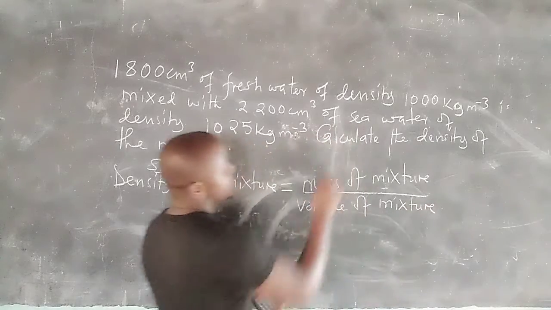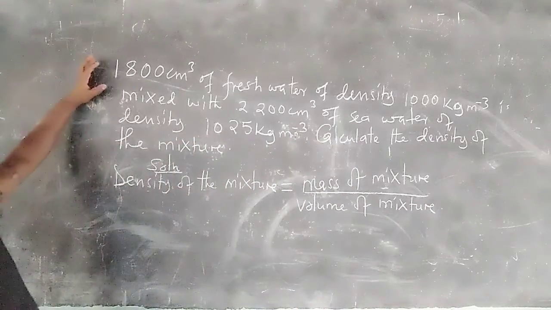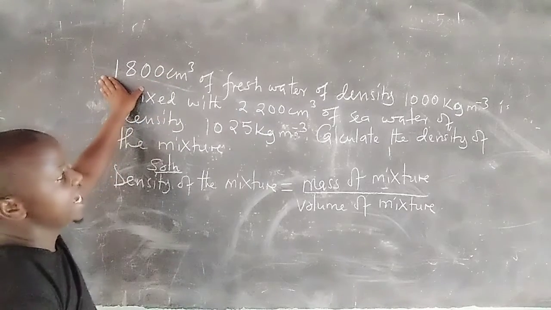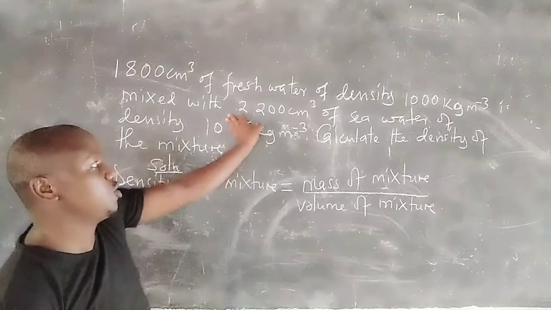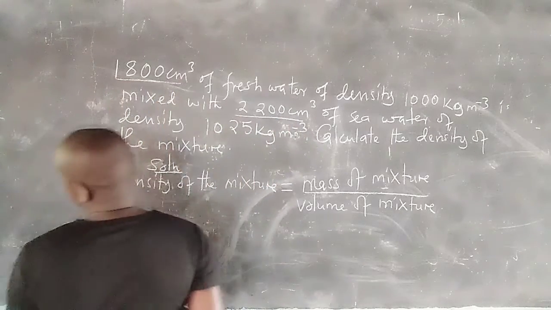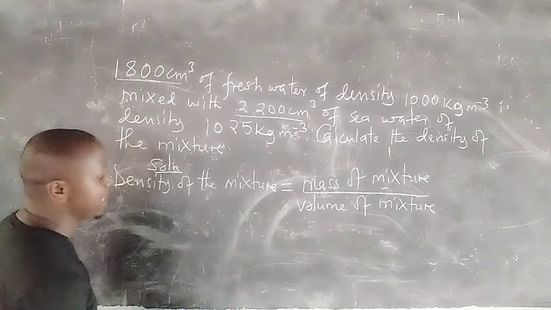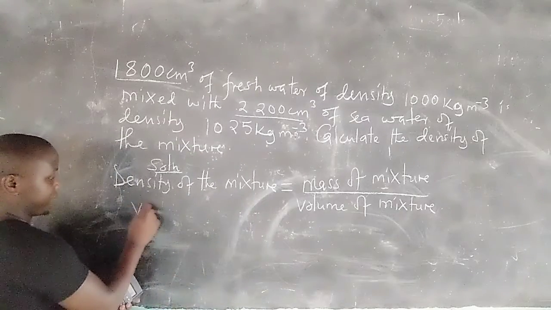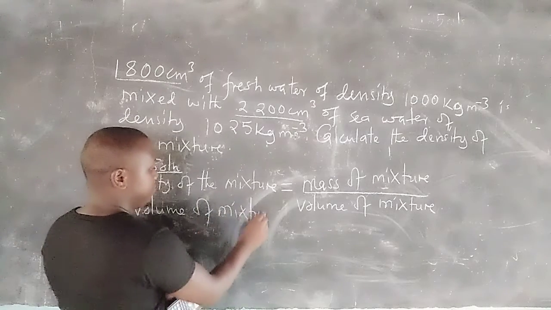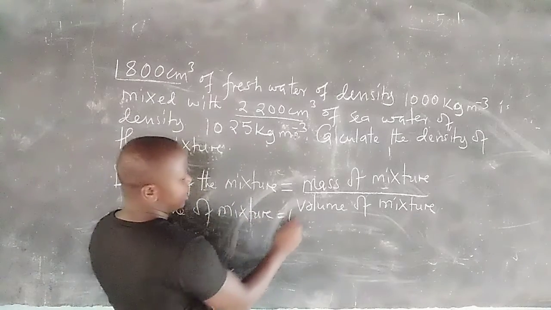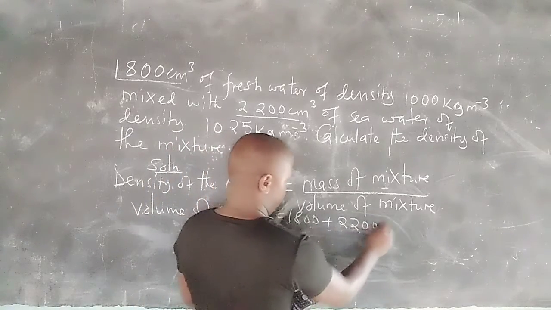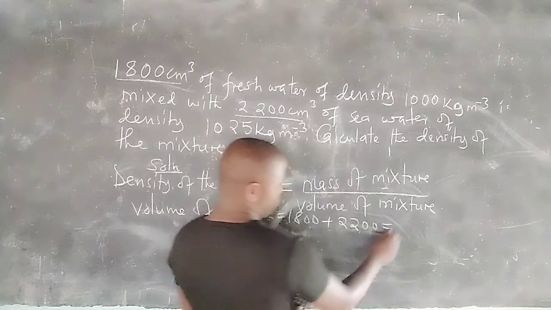From these instructions, what can be obtained directly is the volume of the mixture, because fresh water is having 1800 cubic centimeters and seawater is having 2200 cubic centimeters, which means volume of the mixture can be obtained by directly adding the volumes of the individual elements making up the mixture. That will be volume of mixture given by 1800 plus 2,200.